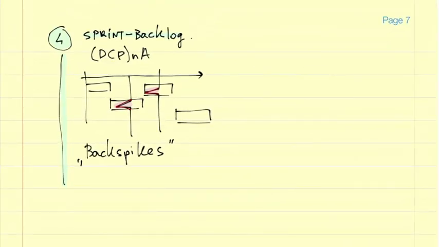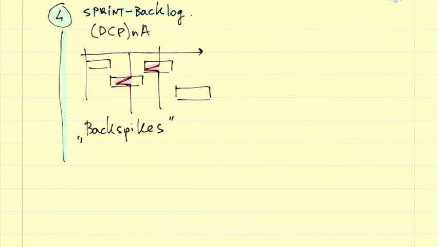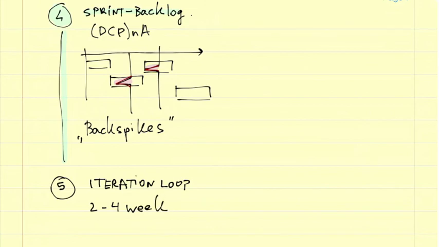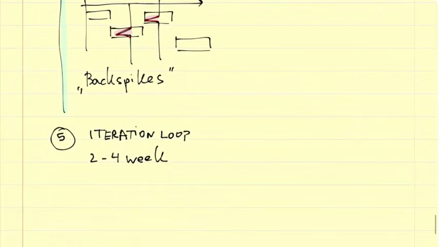Once you have identified the back spikes, you get into something called iteration loop, which is a 2 to 4 week sprint cycle.